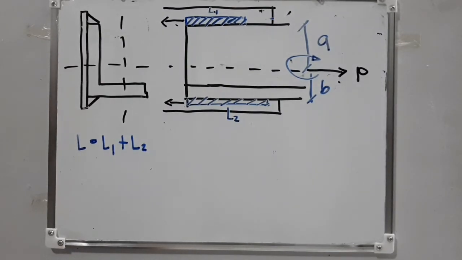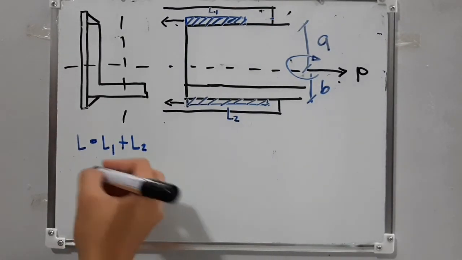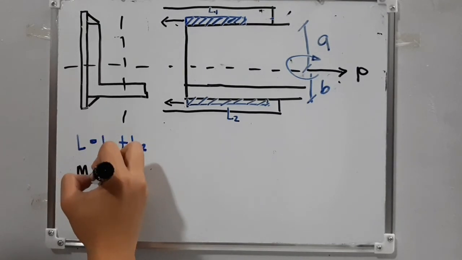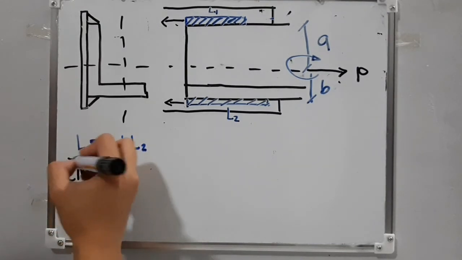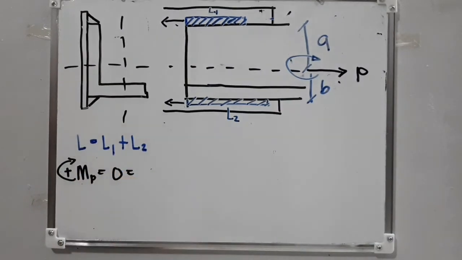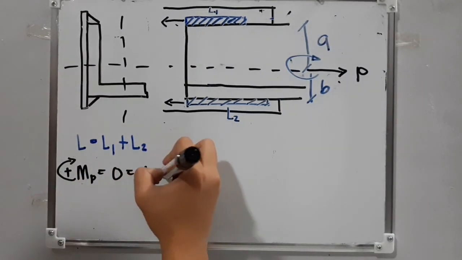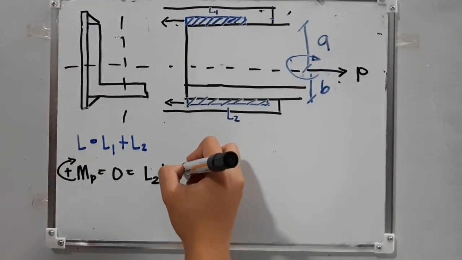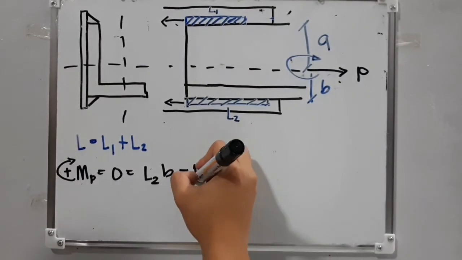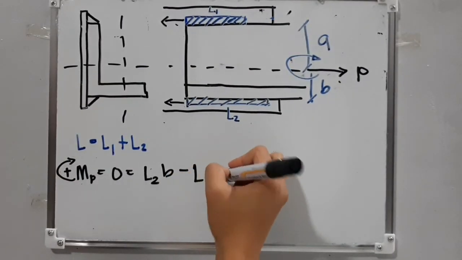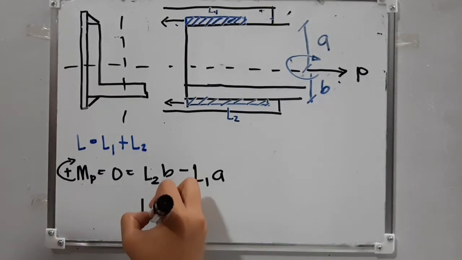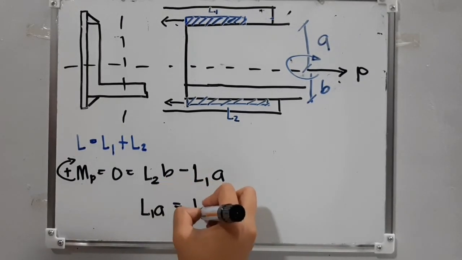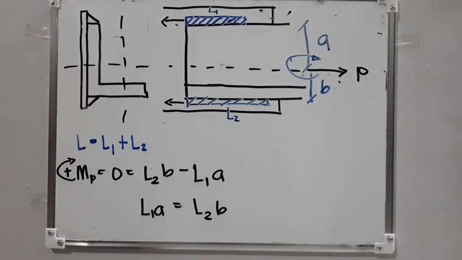So if we are going to do that, if we take the moment at P, clockwise positive, is equal to 0. So your L2 times B is positive, and your L1 is negative, L1 times the moment arm of A. Or we can say that your L1A is equal to L2 times B. So that is the formula, the relationship between L1 and L2.